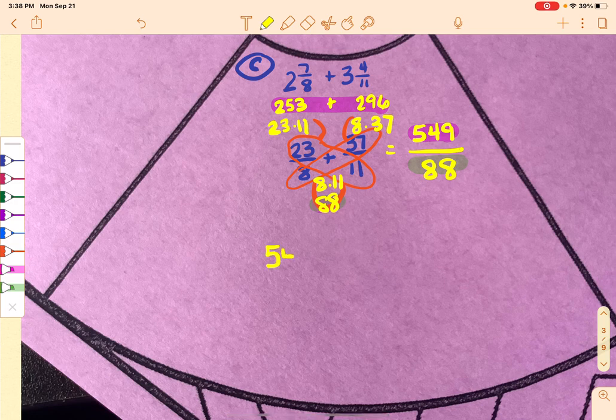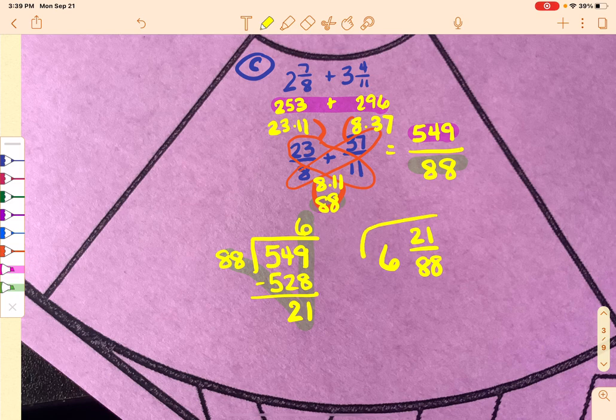So 549 divided by 88. The most it can go in there is 6 times, which is 528, which leaves 21 left over. So 6 and 21 over 88.